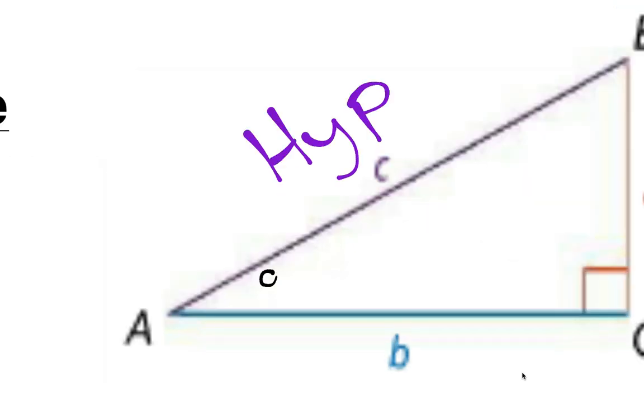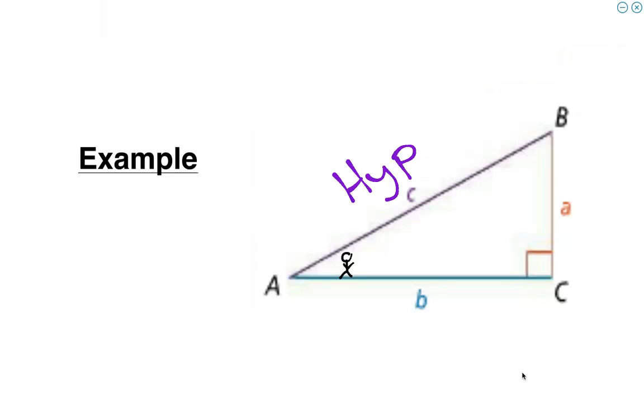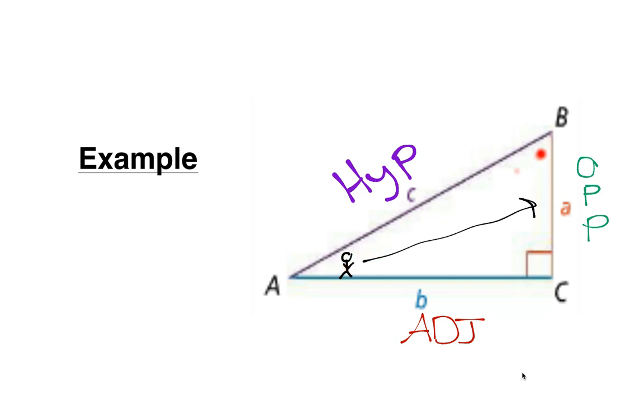I'm going to draw a little person. My viewpoint would be that this is the opposite side, and this is the adjacent side. Now that would change if this little guy was to move over here.